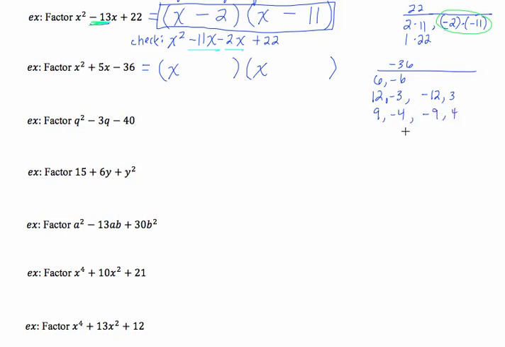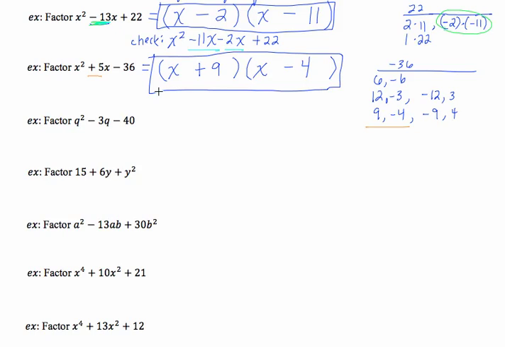I think that will get us there because we're looking for numbers that add to positive 5. And this one right here, 9 minus 4, is positive 5. So let's go with positive 9 and negative 4. If you FOIL that out, you'll get x squared minus 4x plus 9x minus 36. That does work. I'm going to let you check that one and make sure, but it will work.